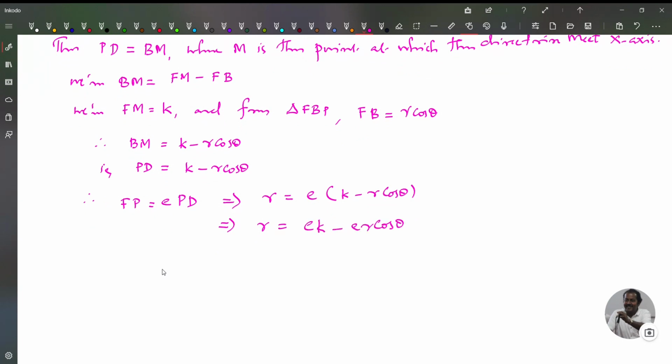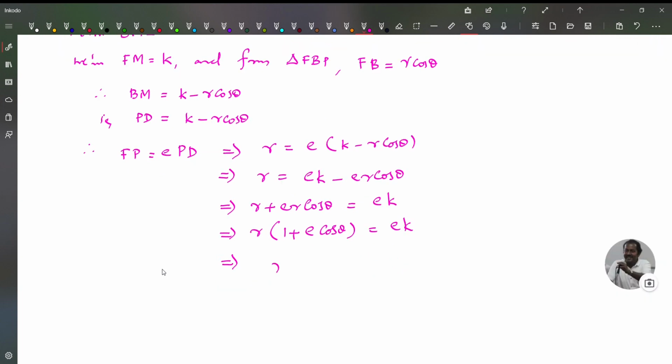This implies r plus er cos theta is equal to ek, so r times (1 plus e cos theta) is equal to ek. This implies r equals ek divided by 1 plus e cos theta. So this is the polar equation of a conic section with the focus at the origin and directrix x equal to k.